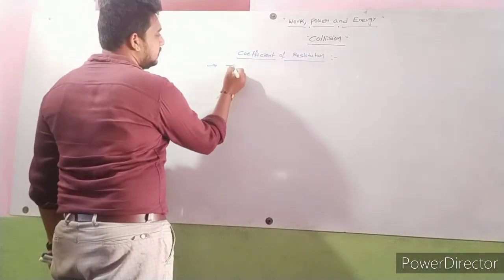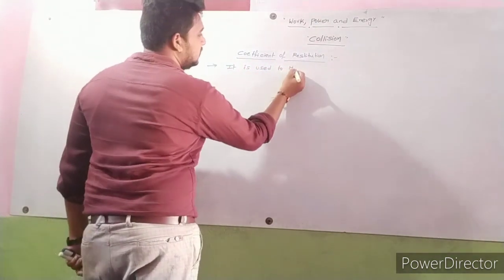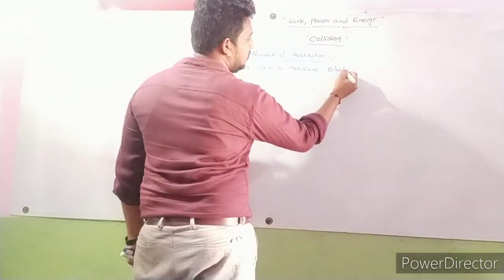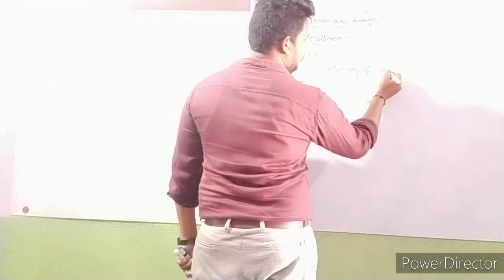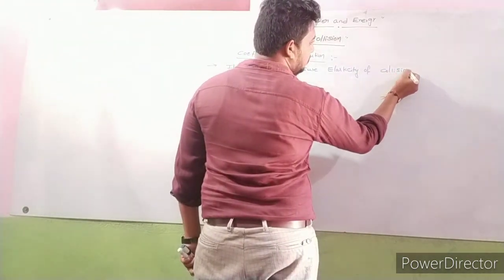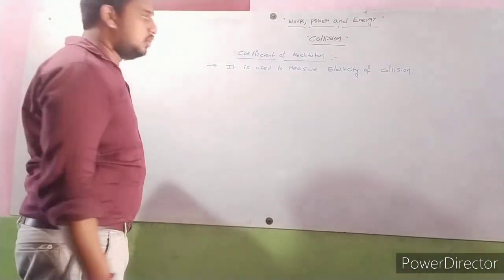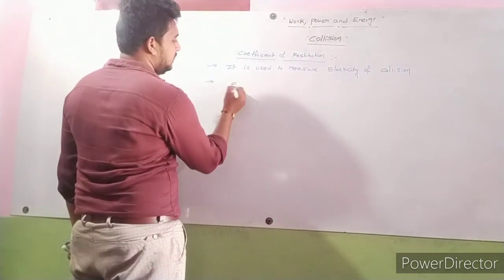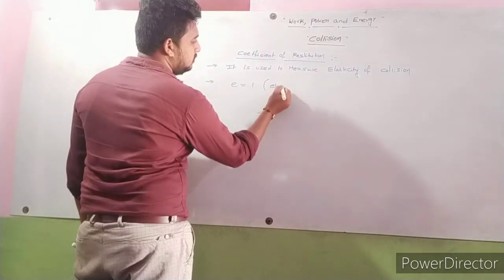Now, what is the use of coefficient of restitution? It is used to measure the elasticity of collision. E is equal to 1 for elastic collision.